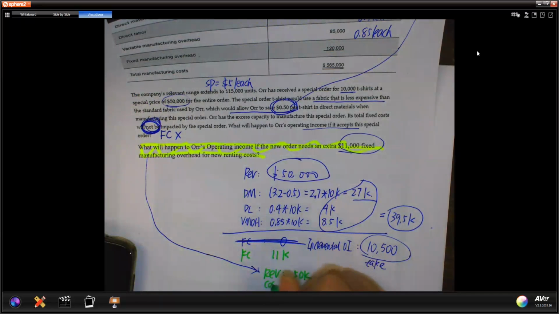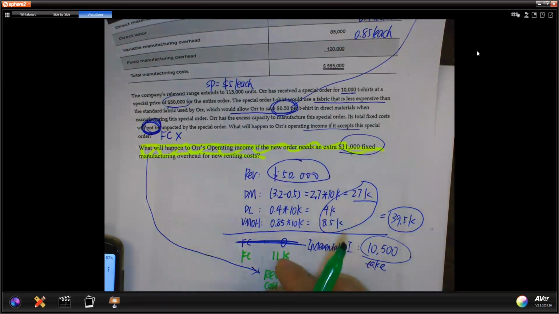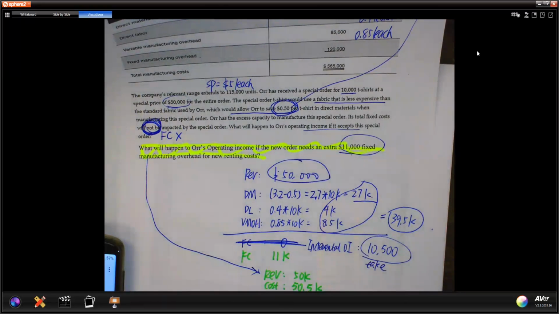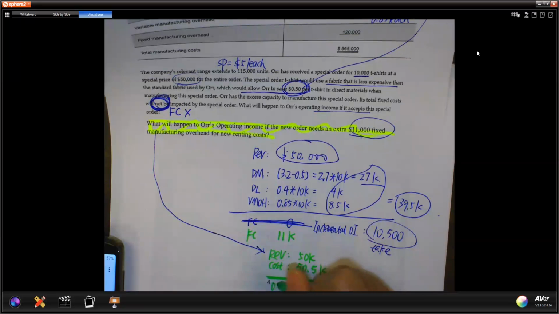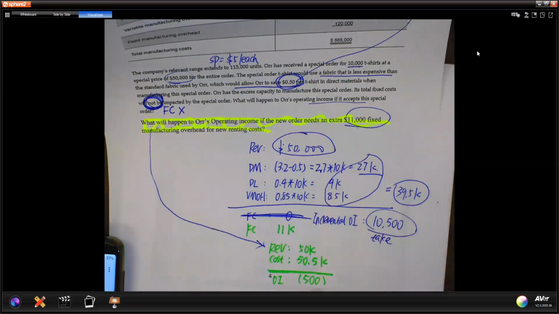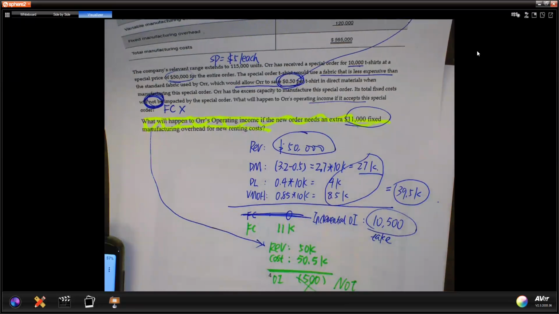Your incremental total cost will be your variable cost, which is 39.5, plus the incremental fixed cost, so that gives you 50.5 thousand. So your incremental revenue is 50,000 and your incremental total cost is 50.5 thousand. Your incremental operating income will become negative $500. So we should not take this special order.